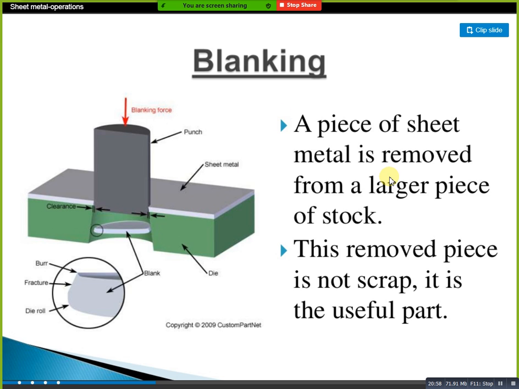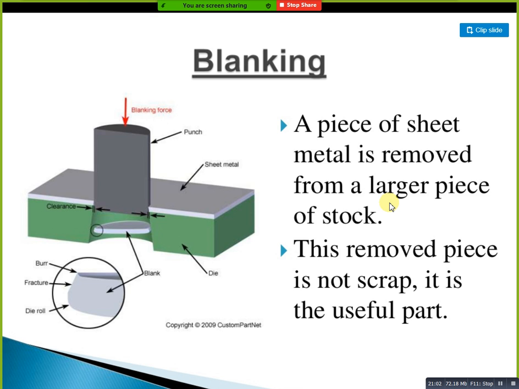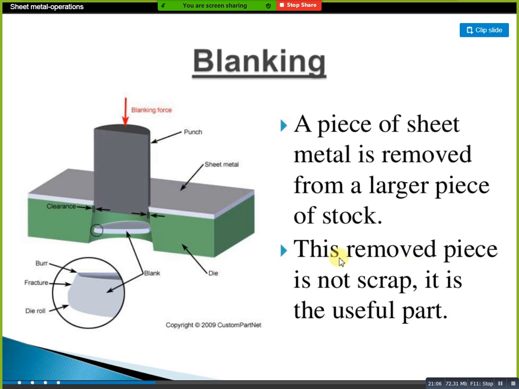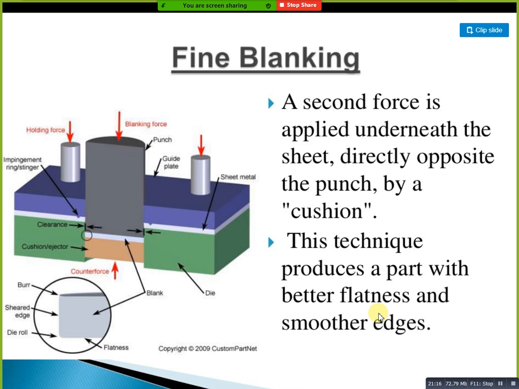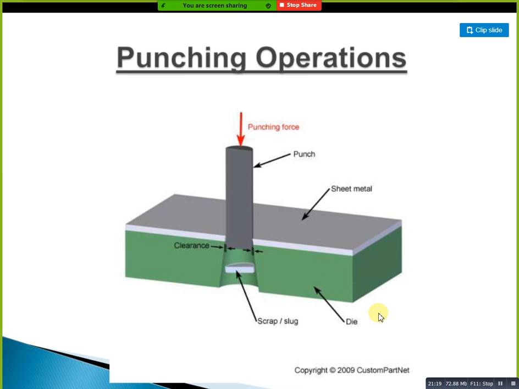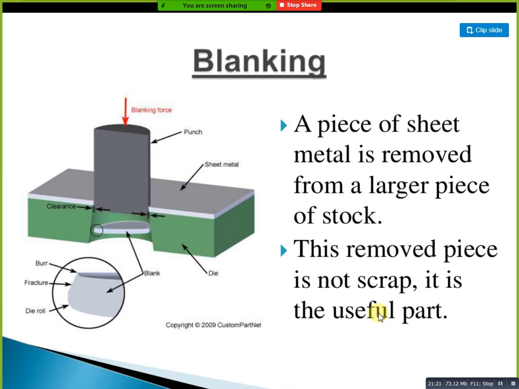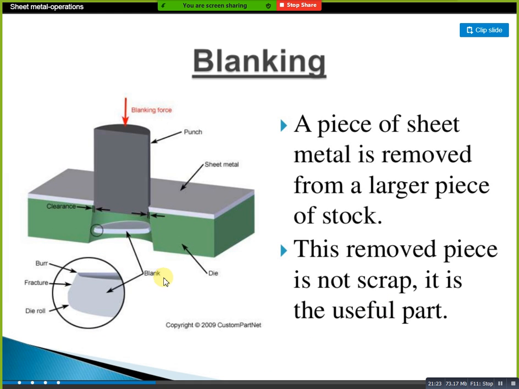This removed piece is not scrap, it is a useful part. You can remember this one, blanking. What is the difference between blanking and the next one, punching? You can remember this too. In the blanking condition, what you removed, that portion is useful for us in real-time operations, then we consider it as blanking. For example, if this sheet is useful for you, that condition you consider as punching.